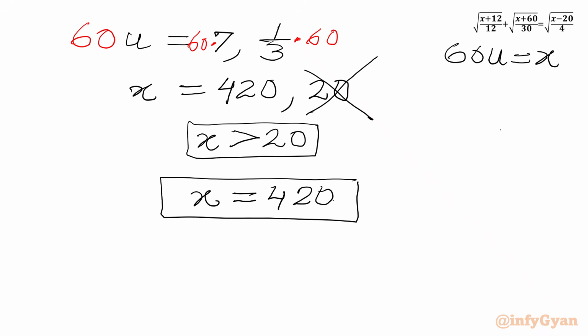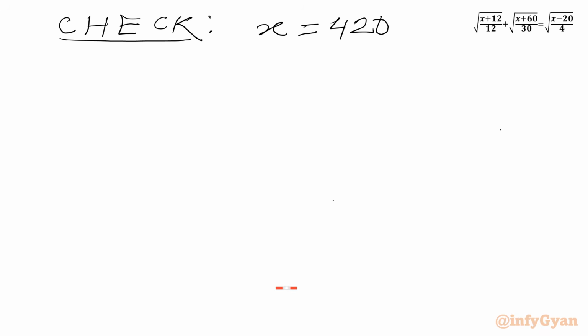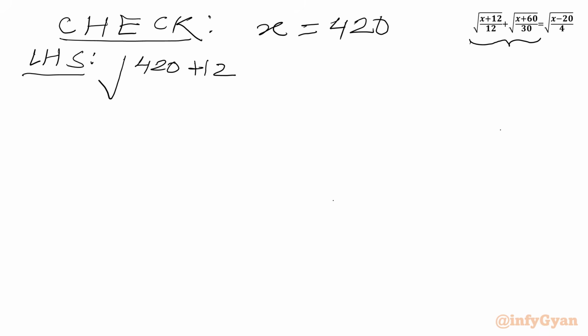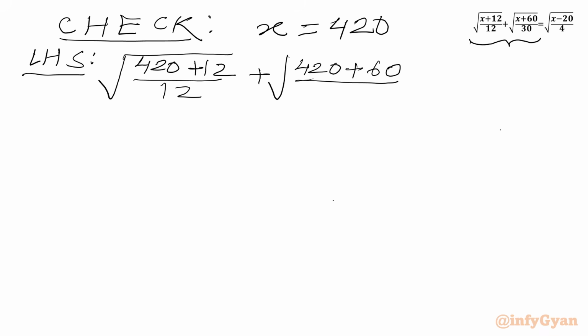Now we are going to verify our solution. So I will write here check, x equal to 420. Let's begin with the left hand side. Here we have the LHS: square root of 420 plus 12 over 12 plus square root of 420 plus 60 over 30.